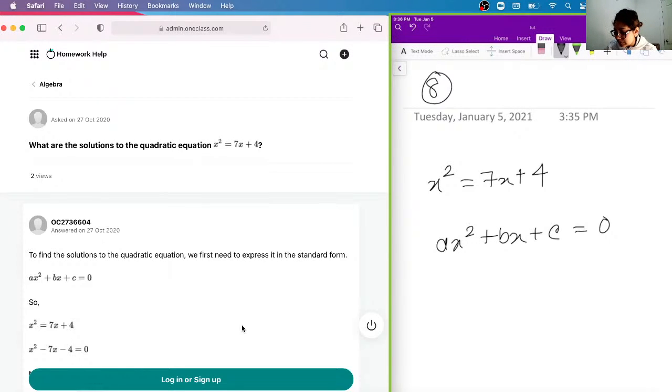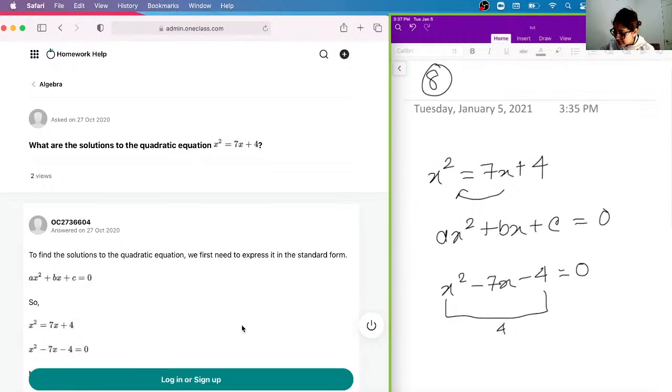So what we can do is move everything to this side, and therefore we have x squared minus 7x minus 4. Since you're moving to the other side of the equal sign, it changes its signs, and this is equal to 0. Now we first see if we have two numbers that multiply to give you negative 4 and add to give you negative 7.